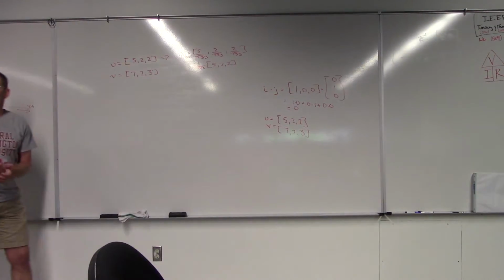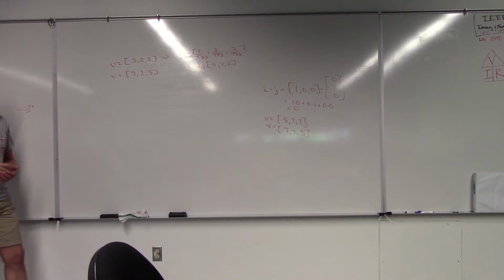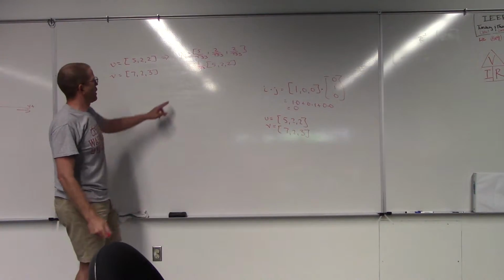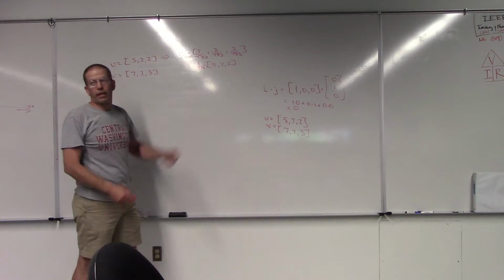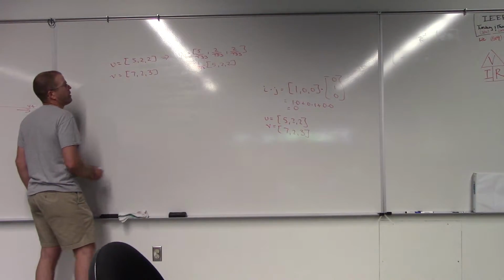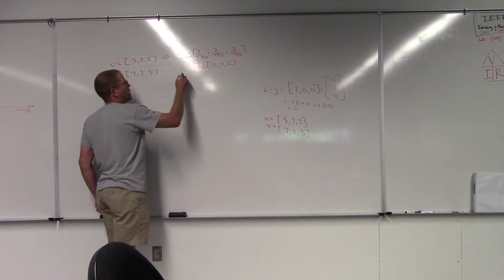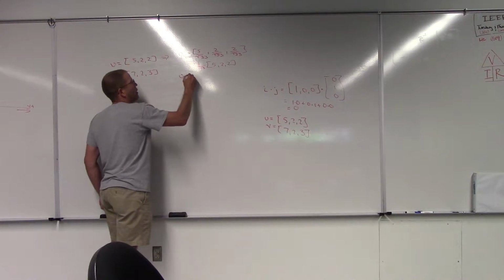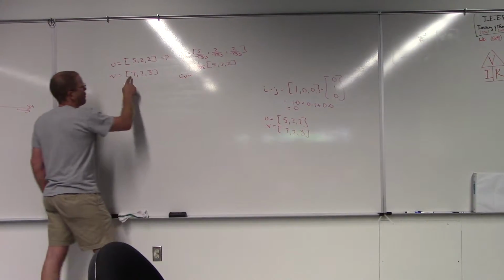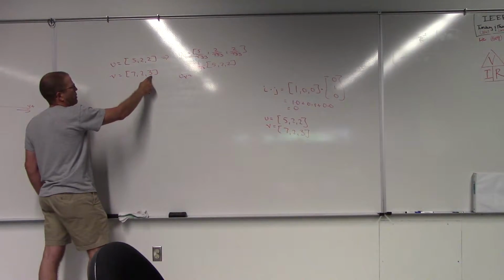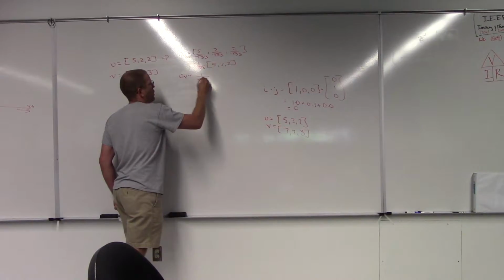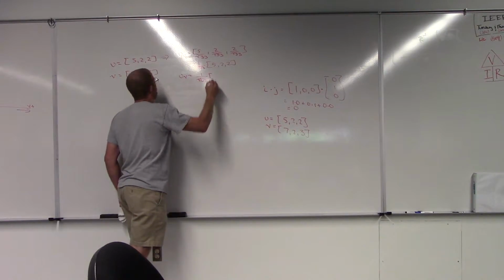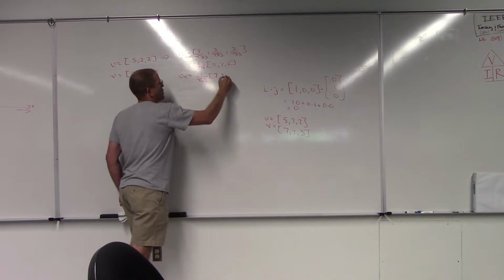Everyone okay with making that step? All this is doing is expressing it as u divided by the magnitude of u. And then v expressed as a unit vector: we've got 49 plus 4, that's 53, plus another 9, 62. So we'd have 1 over square root of 62 times 7, 2, 3.